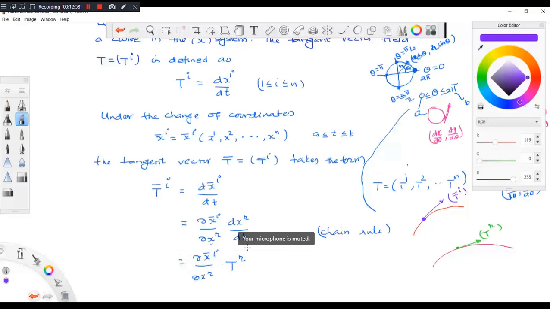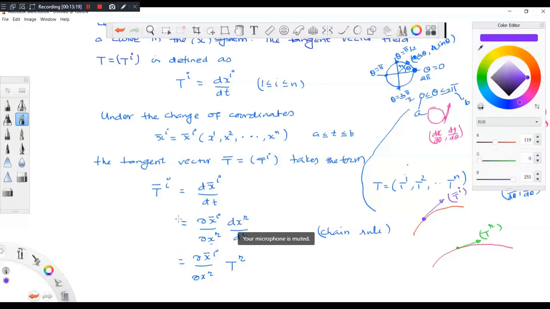It was the same thing. So a contravariant tensor of rank 1, only one superscript, transforms like a vector.